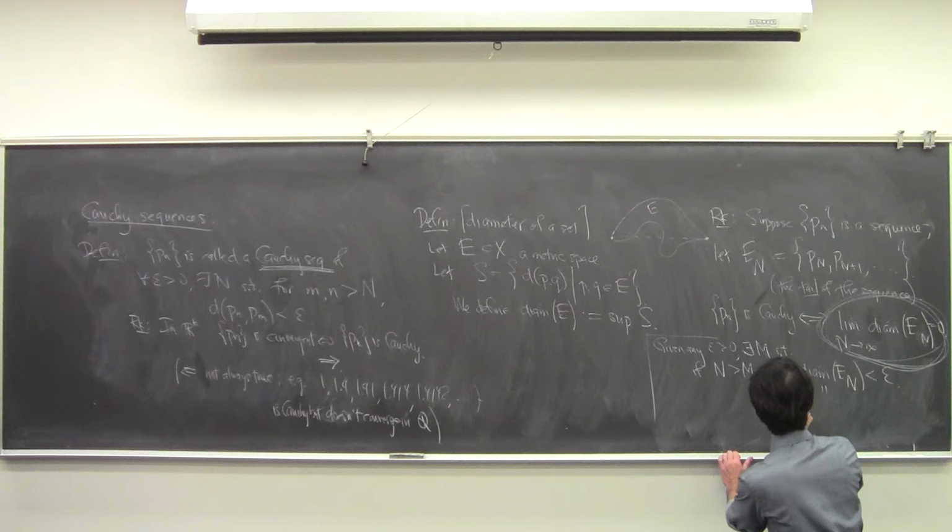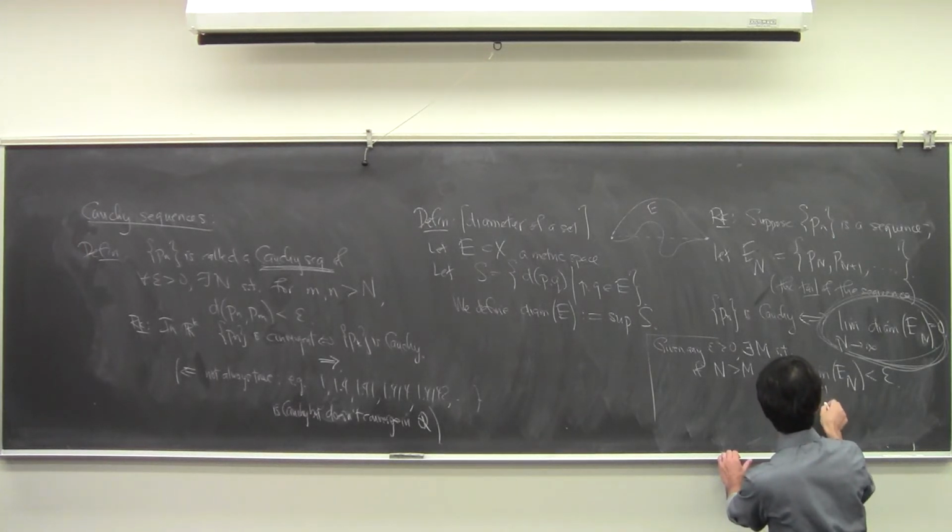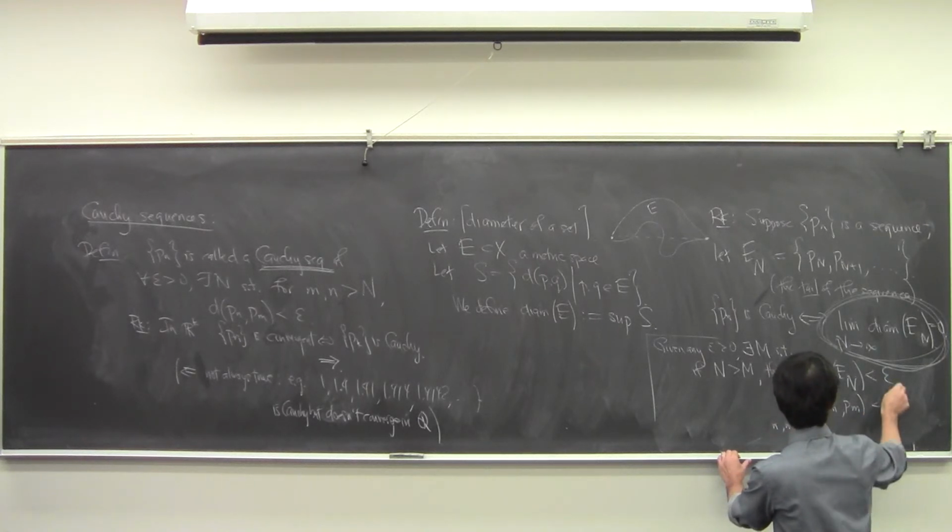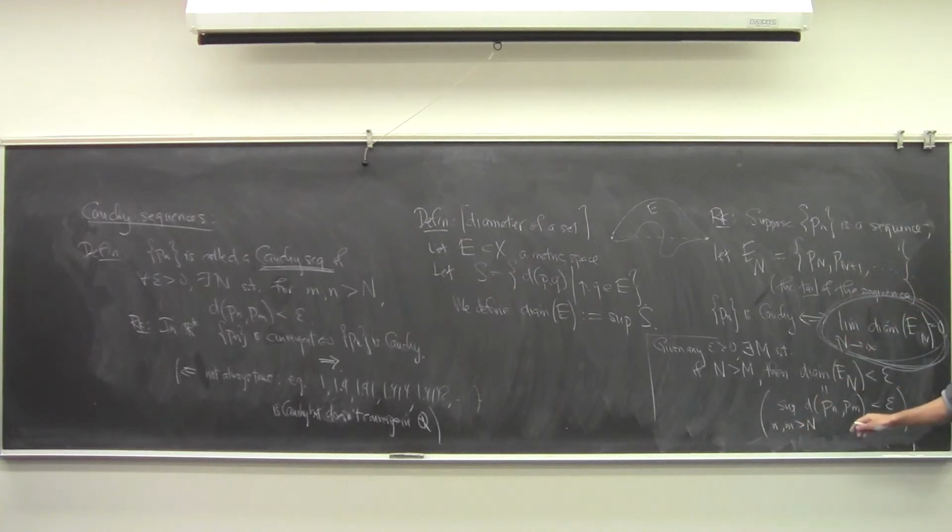That's to say that the supremum of the distances between points P sub n and P sub m, where n and m are bigger than N, is smaller than epsilon. And that's exactly the definition of being a Cauchy sequence. So it's exactly the same thing.